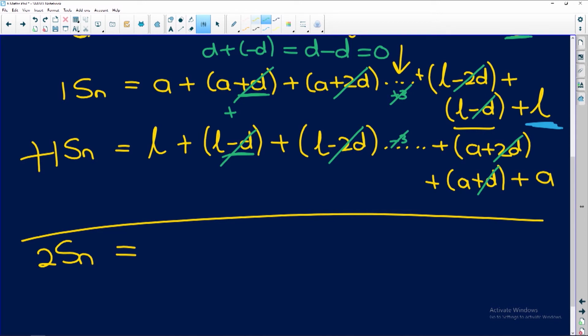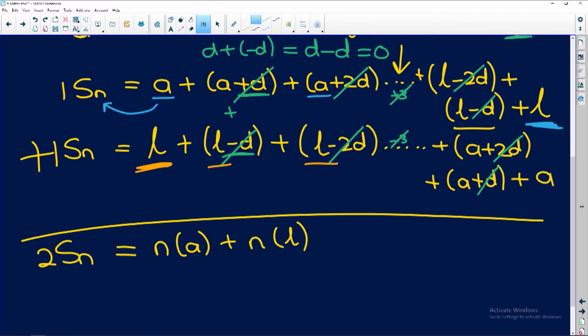So what I'm left with is all of these A terms, and A is going to go all the way to the end of our sequence. We're going to have n numbers of the first term, I hope you agree with me. And what is left in our second sequence is L in every term all the way to the end, so we're going to have n numbers of L.